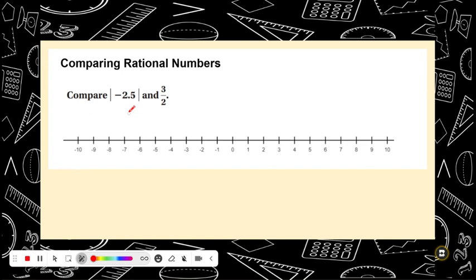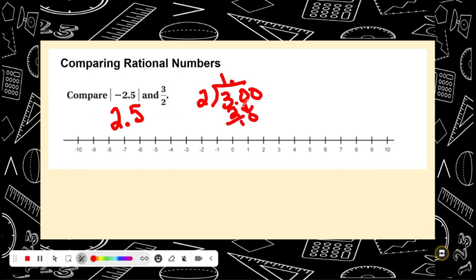Compare the absolute value of -2.5 or 2 5/10, and 3/2. Well, 3/2, if you don't know, is 1 1/2. Or like we did in class, we can divide it out. Bring up your decimal. 2 can go into 3 one time. 3 minus 2 is 1.